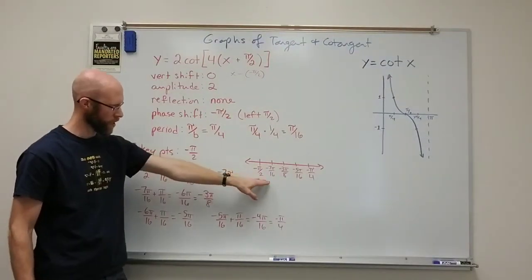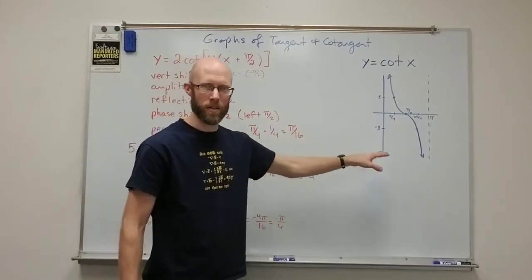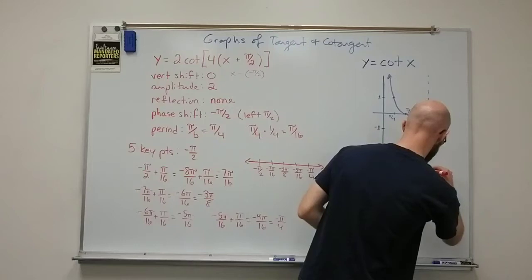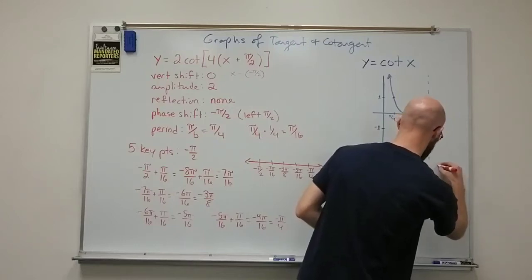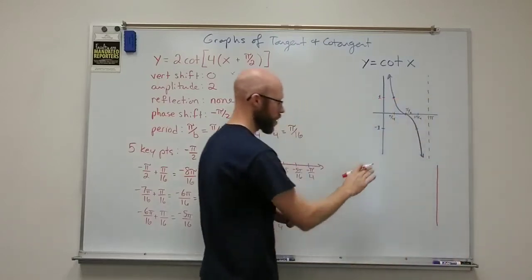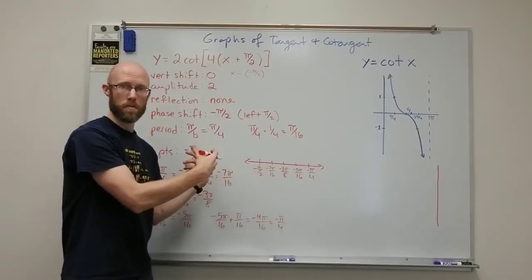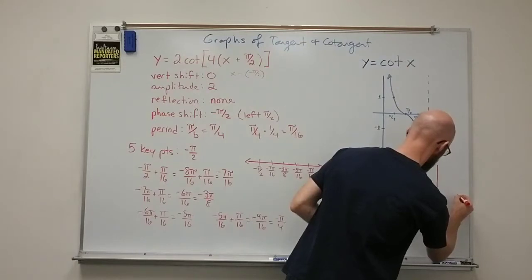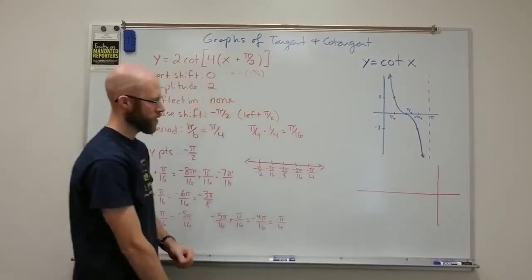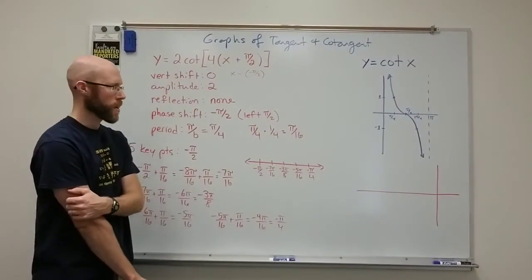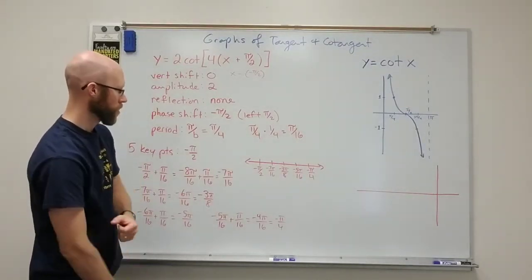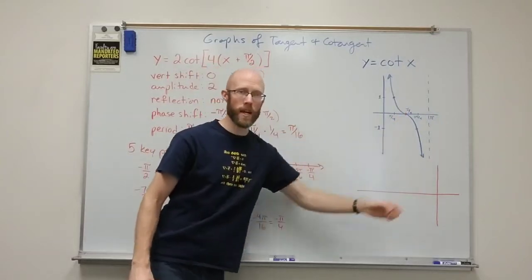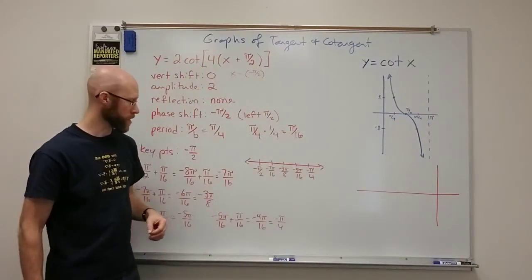Okay, so now that I know that, I want to sketch out my axes. So my y-axis, I'll keep my y-axis over to the right because I know most of this graph is going to be on the left with all these negative values. In fact, the whole thing is going to be to the left. Okay, so that gives me an x-y axis. And then I know that for the cotangent, the left and right endpoints are going to be my vertical asymptotes.